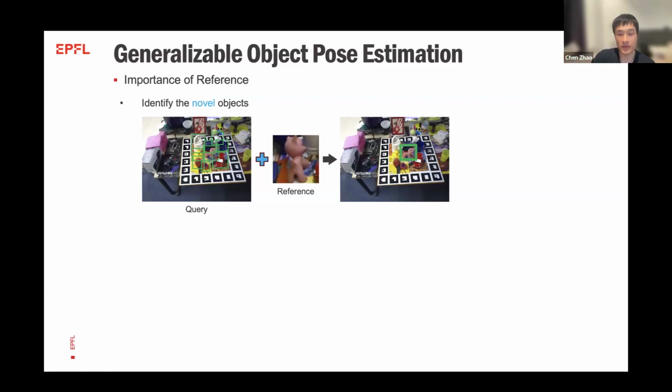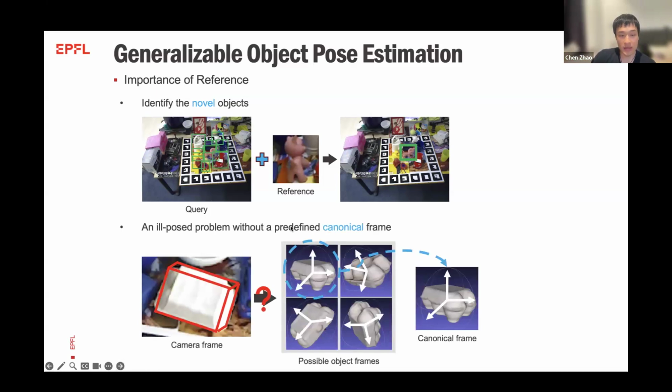So that's why we need the reference to first identify the object we want, and then we can compute the pose for this object. Secondly, for pose estimation, if we don't have a reference for the unseen object, pose estimation is actually an ill-posed problem. Here you need some knowledge about multi-view geometry, because the actual pose we estimate is a relative transformation from the current camera frame to a predefined object frame.